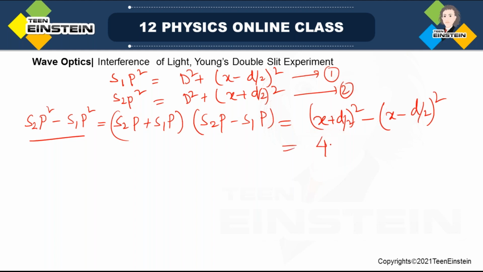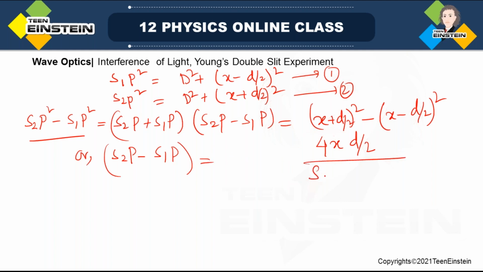So this is nothing but 4 X into D by 2. And on the left hand side you get S2P minus S1P, which I have to find out, and this is equal to this divided by S2P plus S1P.